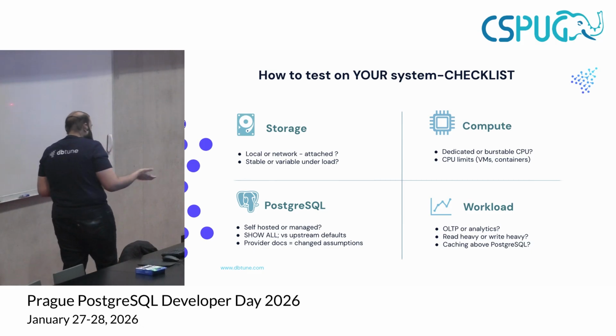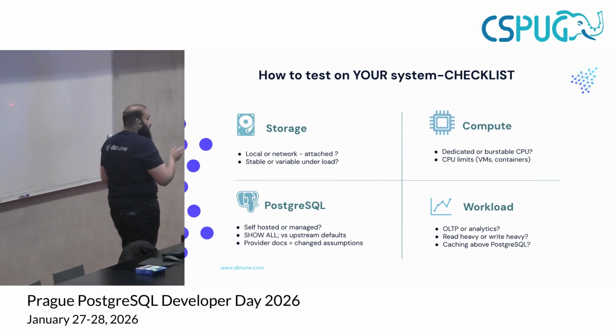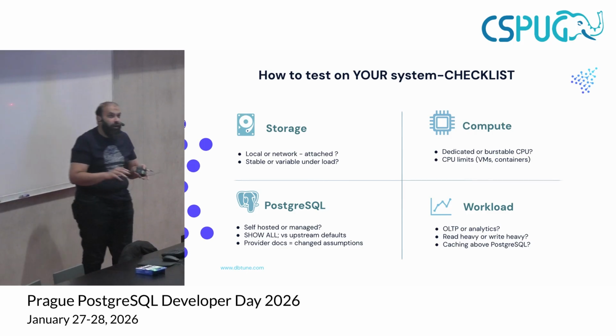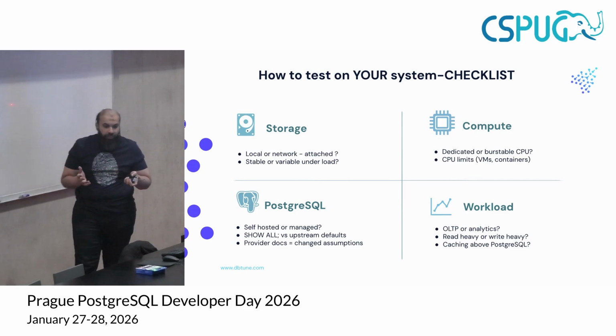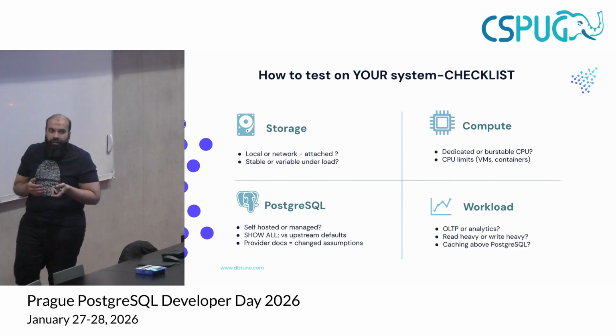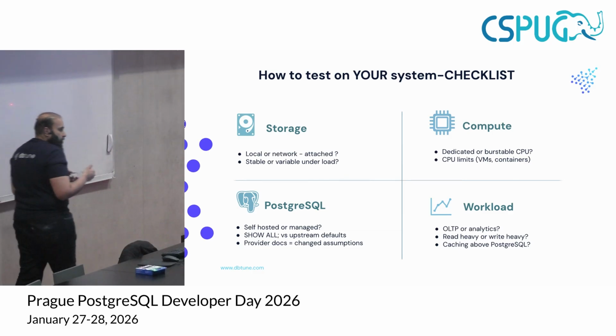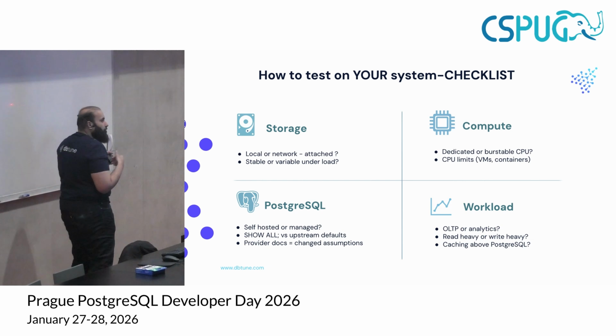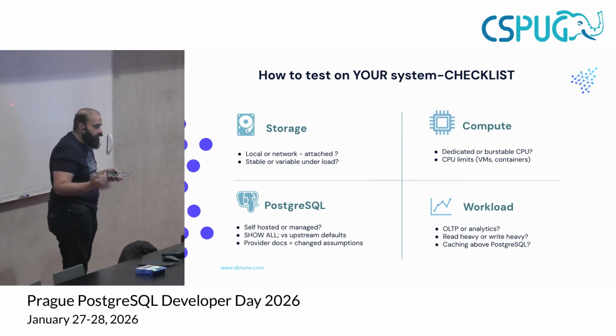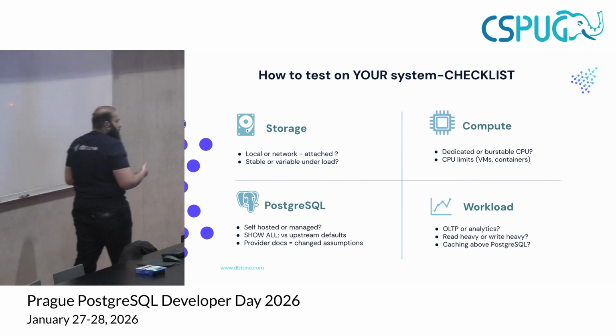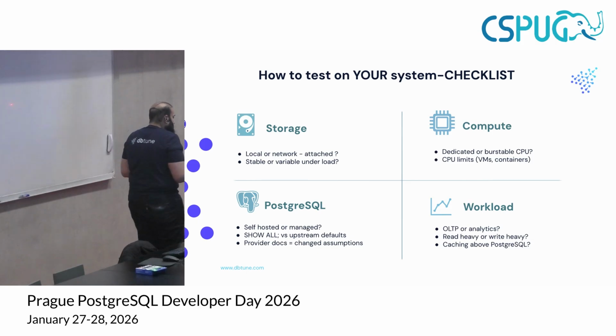What kind of Postgres version are you running? Where are you running? Are you running self-managed? Are you running on a K8s or Kubernetes cluster where the compute will be negotiable, where there's going to be a difference of compute, where resources will be fighting and you will have noisy neighbors? If you're running on a different system, try to check your docs.